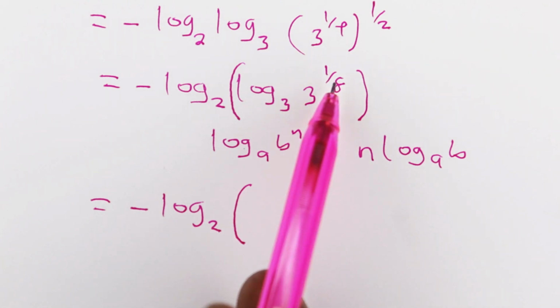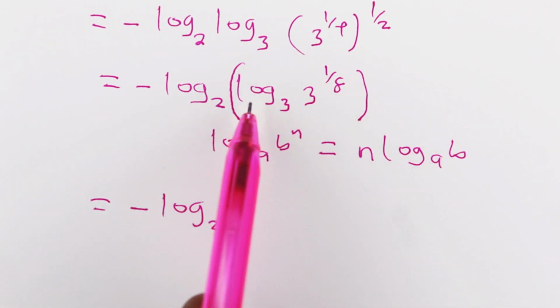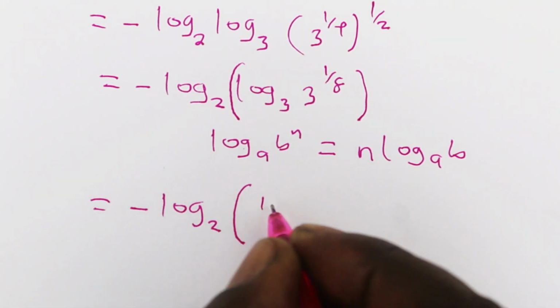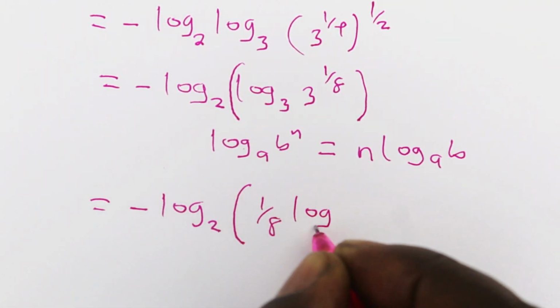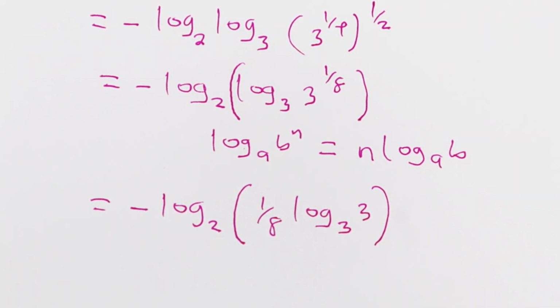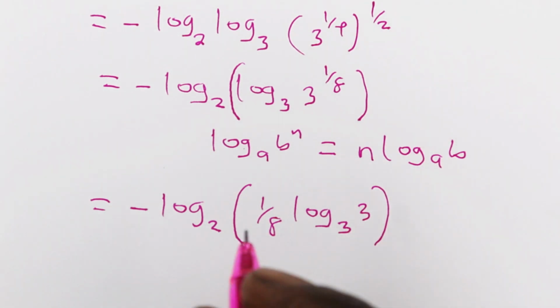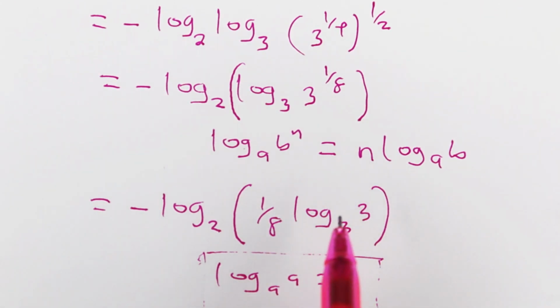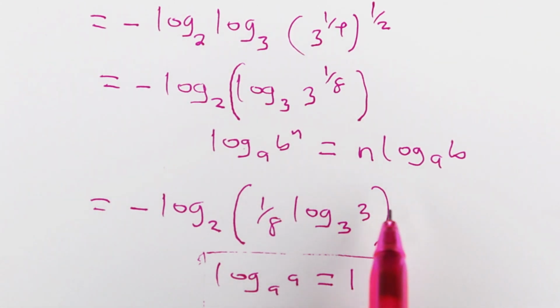You can actually bring 1 over 8 before the log according to this law, so that we have 1 over 8 log to base 3 of 3. Also remember, according to the laws of indices or laws of logarithms, if the bases are the same, that is log to base a of a, then that log is the same as 1. So it means in the bracket, log to base 3 of 3 is 1.